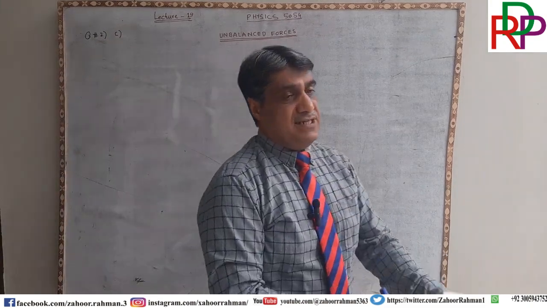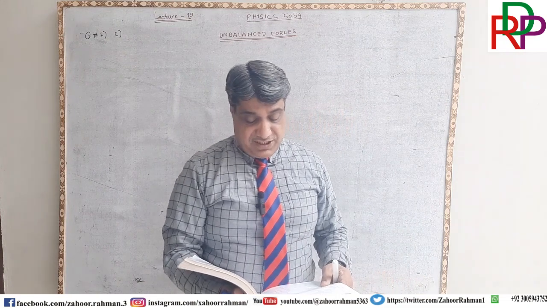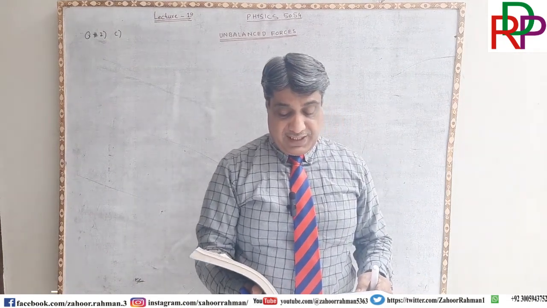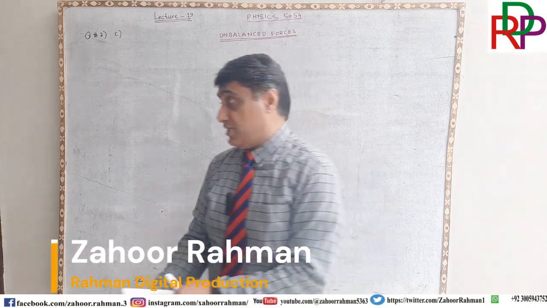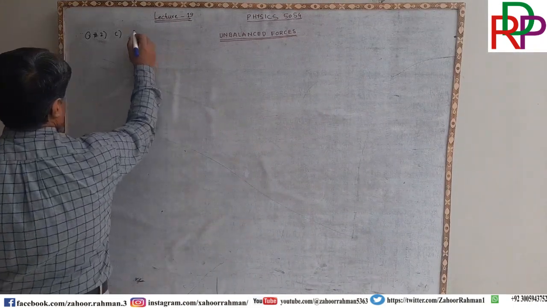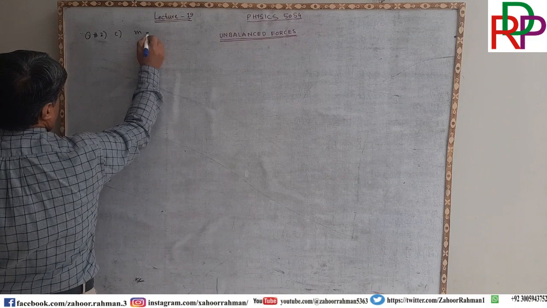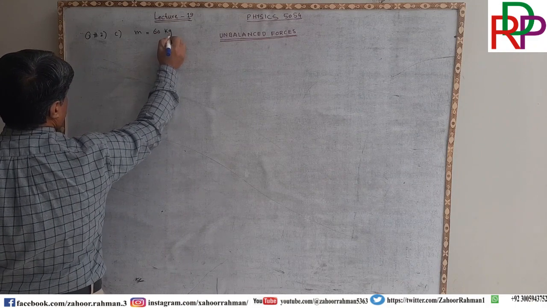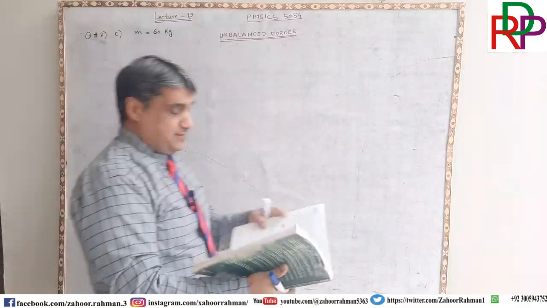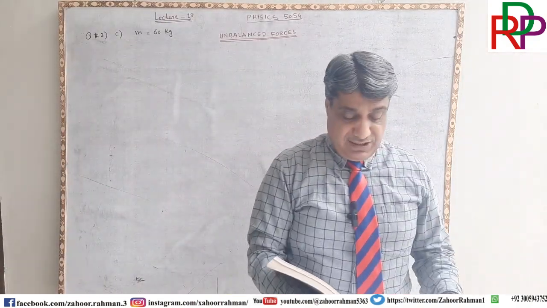Let us first understand what part C is saying. A test car with a dummy driver of mass 60 kilogram. The mass of the dummy driver is 60 kilogram. We are writing the data as we are reading this question.